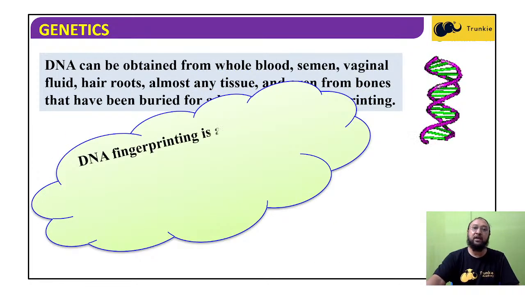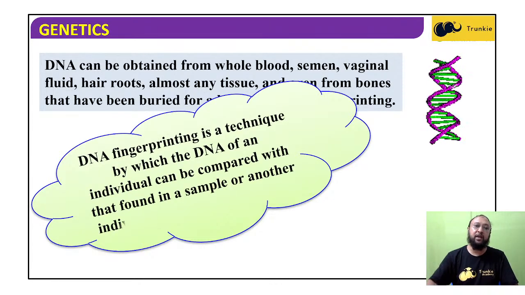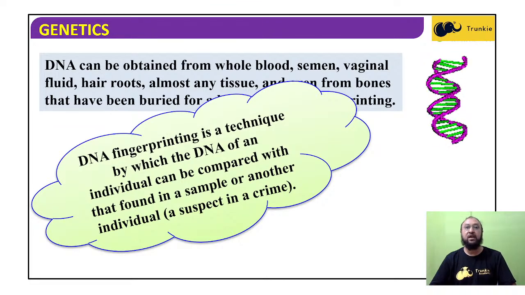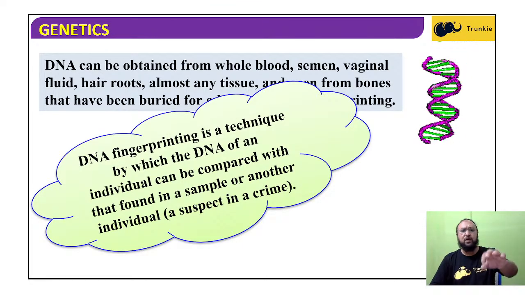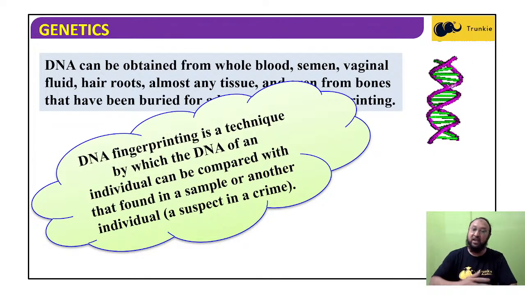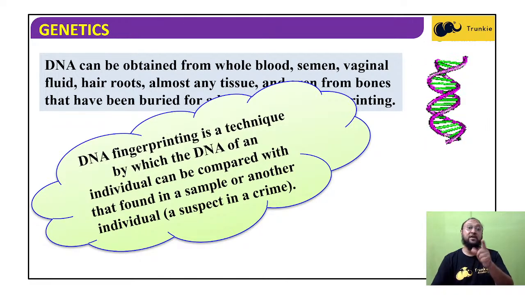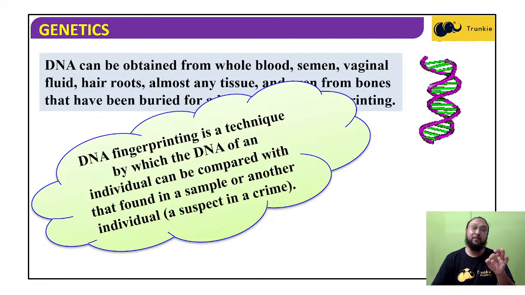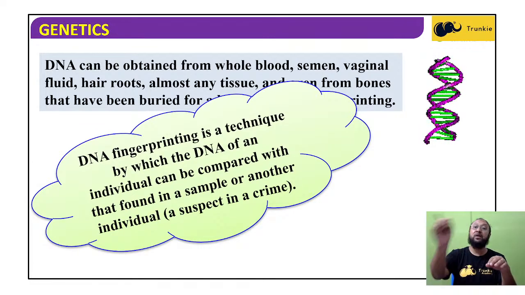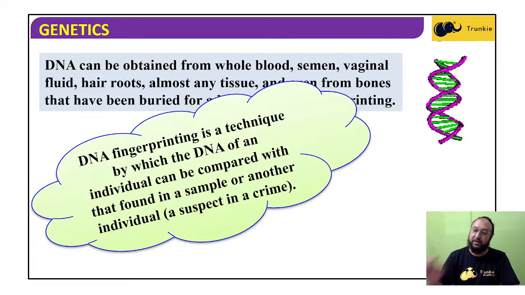DNA fingerprinting is a technique by which the DNA of an individual can be compared with that found in the sample of another individual suspected in a crime. For example, there has been a murder and a person is lying on the floor, and there is blood. We found two different samples. Obviously one blood sample is from the person who is already dead, and one blood sample may be of the criminal or murderer.